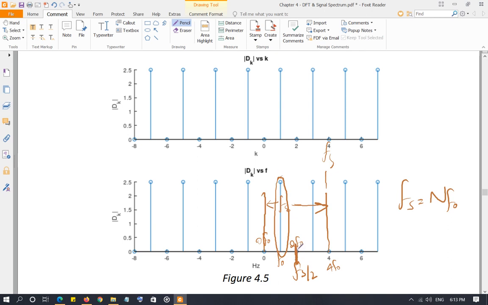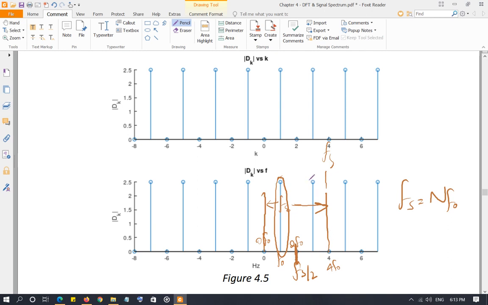And after fs by 2, from fs by 2 to fs, you just have the mirror image of whatever you have from 0 to fs by 2. So you have the mirror image of this, which is this. But you will get all the information for all the frequency content from 0 to fs by 2. So there is only one frequency in the signal, which is 1 Hertz.